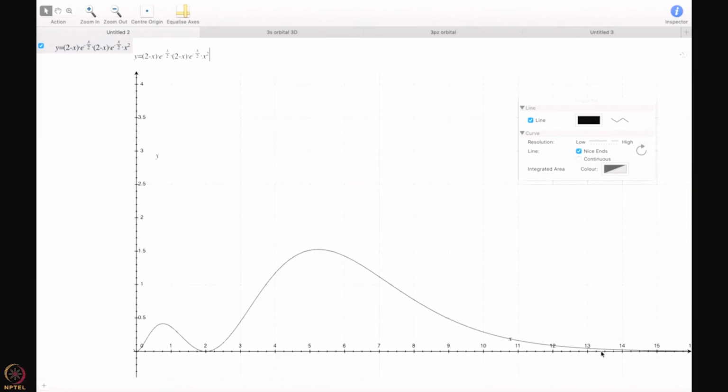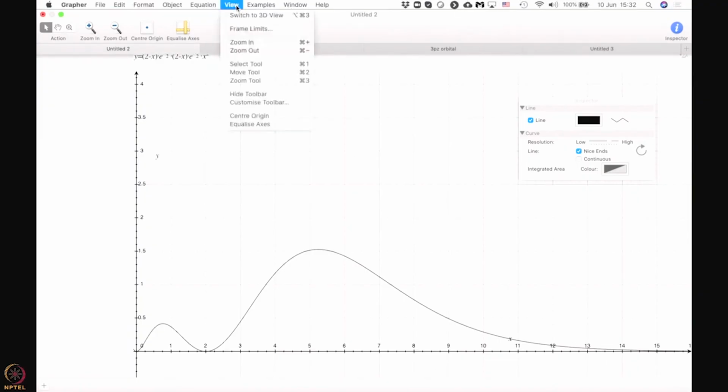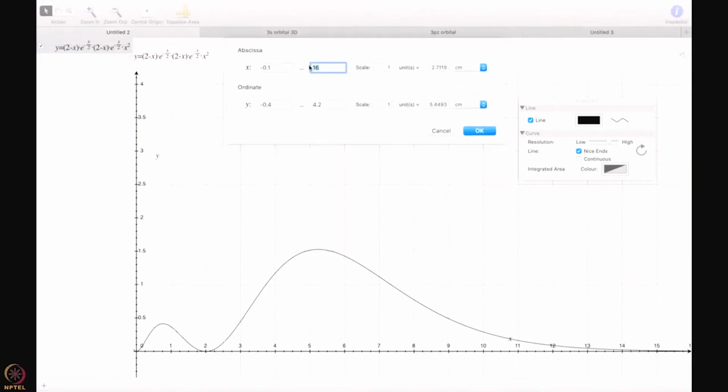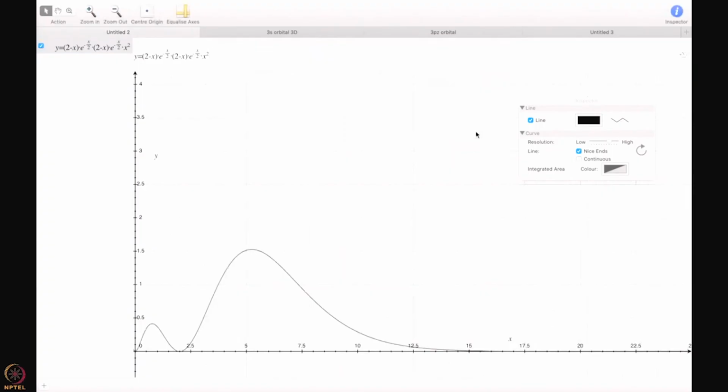Suppose I do not go up to infinity, maybe I will increase this a little bit. Right now it is up to 16, so let me make it up to 25 or something. Yeah. So while it is true that this function goes on until infinity, I hope that you will agree with me that it does not matter if I work with the function up to a limit of say 15 angstrom, because beyond 15 angstrom is very little.